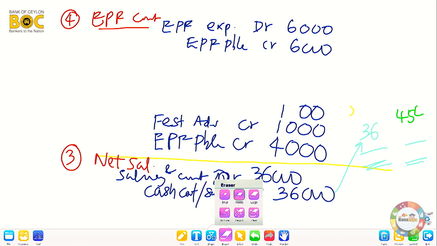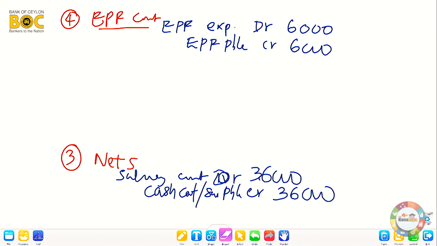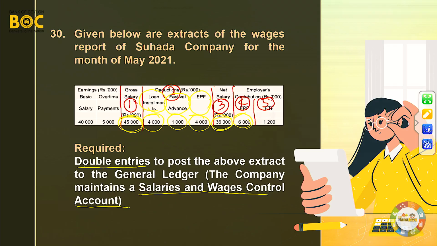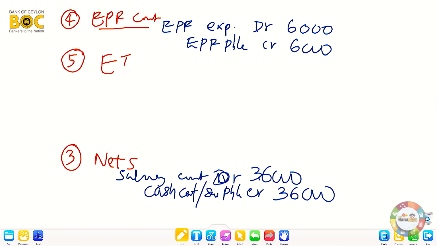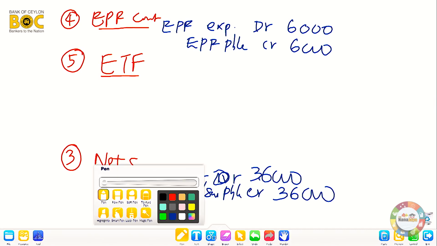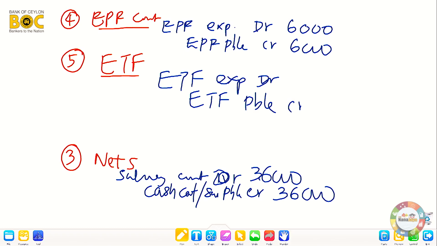Then the last entry, ETF contribution. How much is the ETF contribution? ETF 1,200. So double entry: ETF expense debit, ETF payable credit.